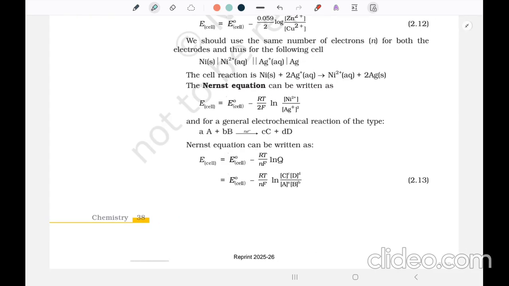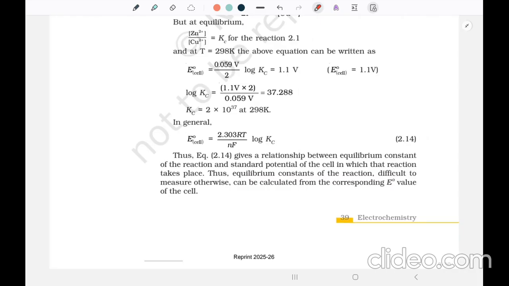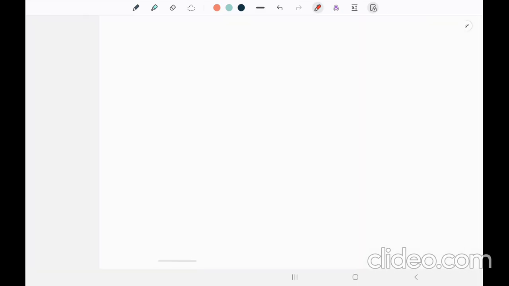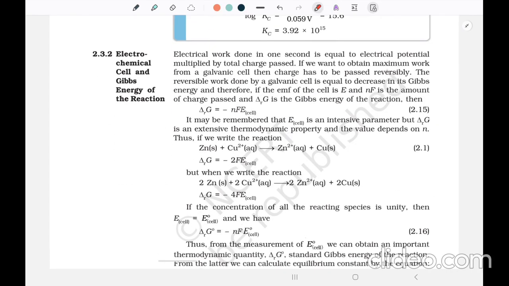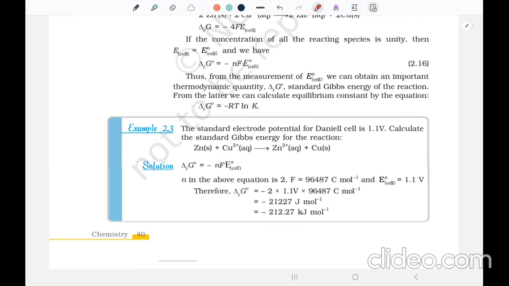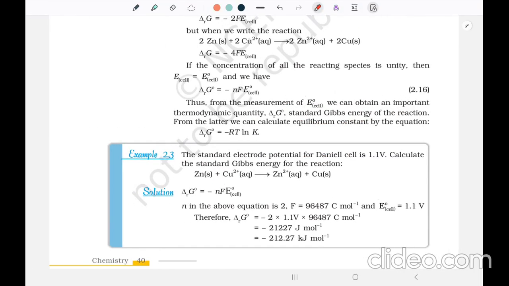And we have completed the Nernst equation with electrode potential and EMF of the cell, and we have also discussed how to find the equilibrium constant Kc, the electrochemical cell and the Gibbs energy of the reaction, and chemical equilibrium is also studied.